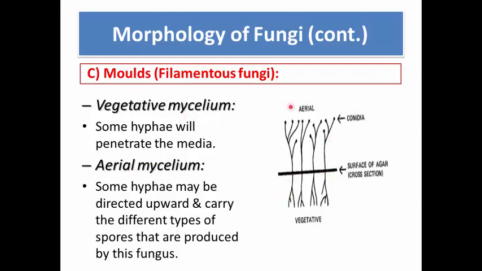While the aerial mycelium is directed upward facing air, so it is called aerial, and it's carrying the spores which are produced by the fungus in order to reproduce. So we have vegetative mycelium penetrating the media, while the aerial mycelium is raised upward.